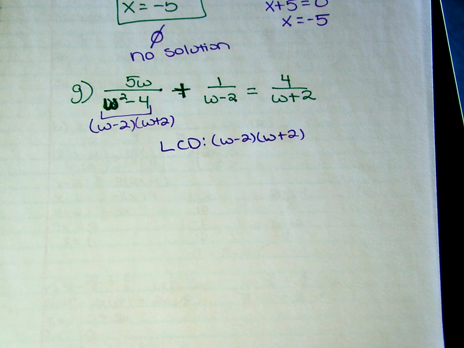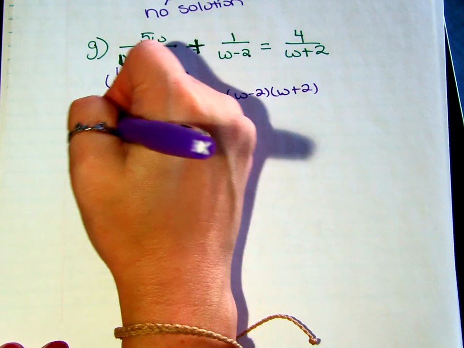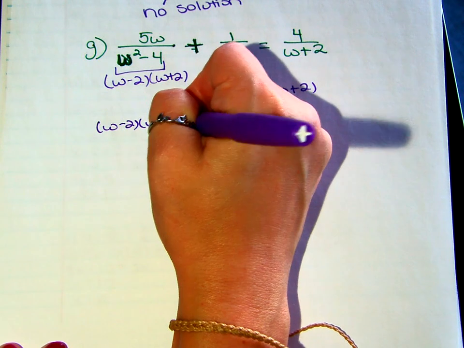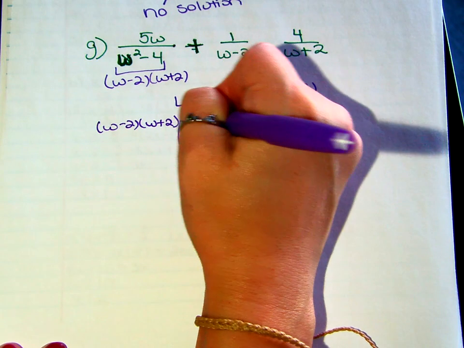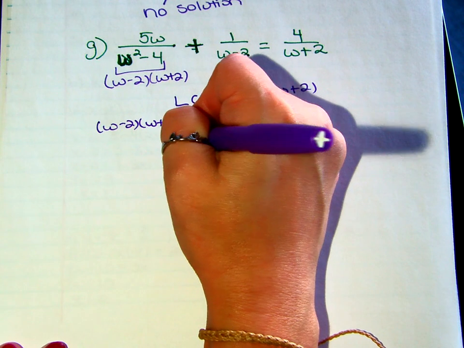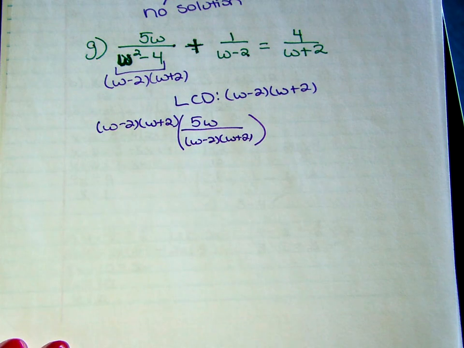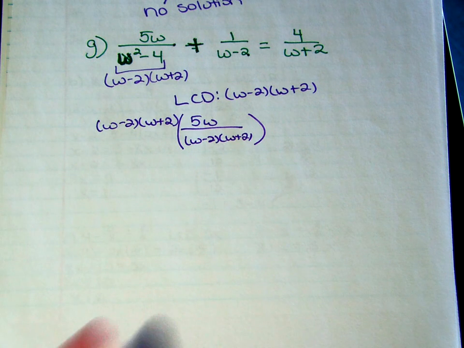But before you freak out and think, oh my gosh, that's a lot of foiling we're going to have to do, you're really not, because most of it's going to cancel away. So I'm going to take w minus 2, w plus 2, times the 5w over w minus 2, w plus 2. And I usually write it out in the factored form like that in the bottom, because then I'm going to see how everything's going to cancel out.